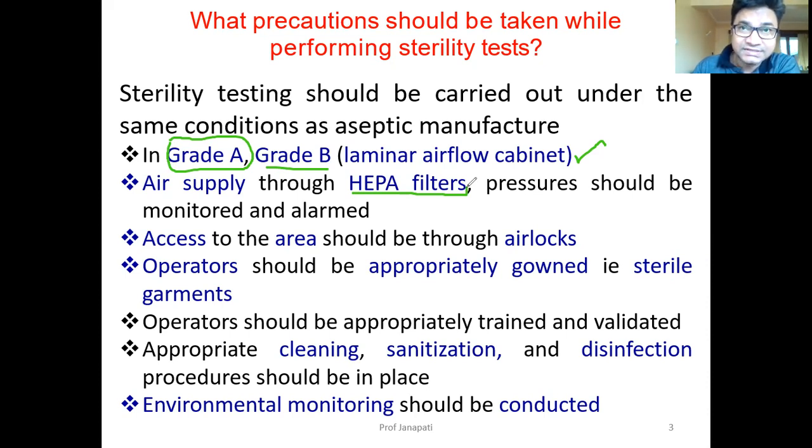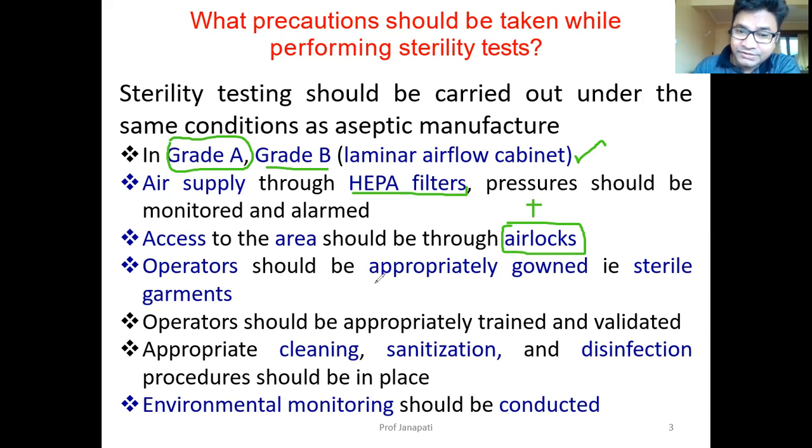Any changes in the pressure should be notified with the help of alarm. And room should have airlocks. There should be only positive pressure. That means any air should not enter into the room. It should go out from that room. So positive air pressure should be there. That is nothing but airlocks should be present.